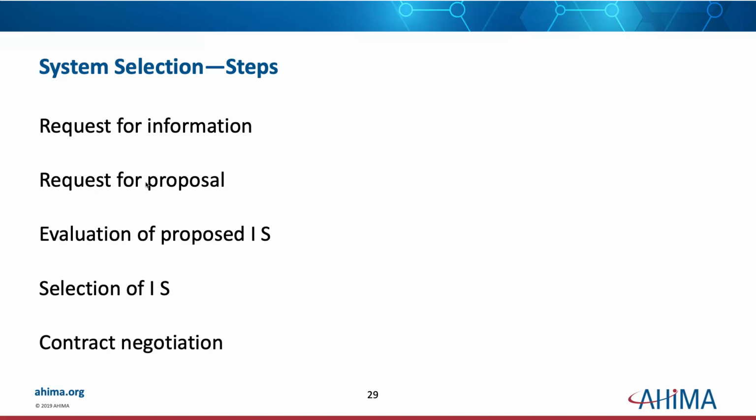And then you identify, say, 6 or 8 vendors that could potentially meet this, and you send them the same request for proposal. And you give them a deadline that they have to get their answer to your RFP back to you by.